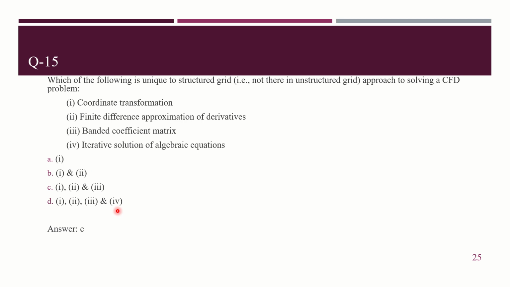Option A has 1, option B has 1 and 2, but option C has 1, 2 and 3, so it includes everything right. The right answer is option C. Option D includes the fourth statement as well, which is false because iterative solution of algebraic equations is common to both structured and unstructured grid.